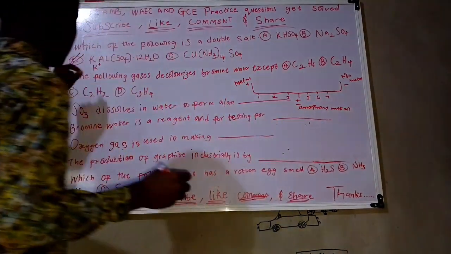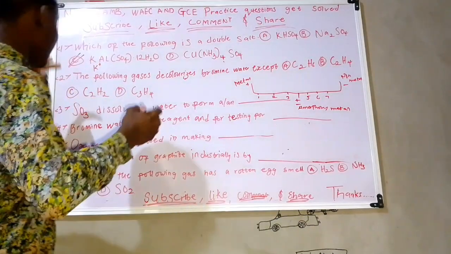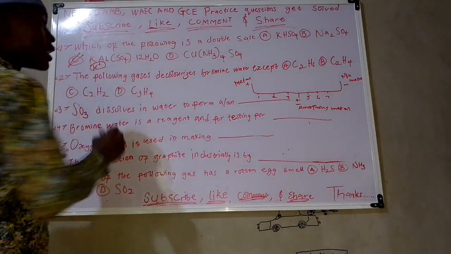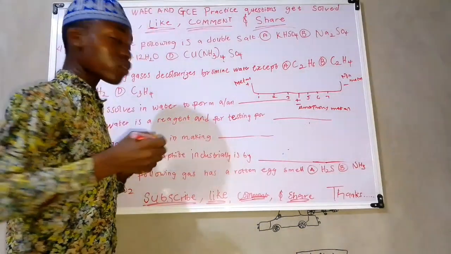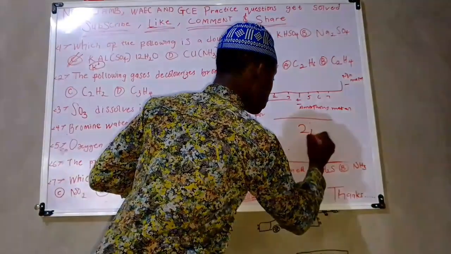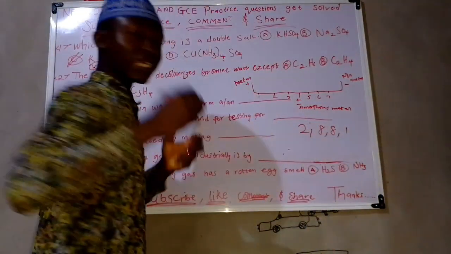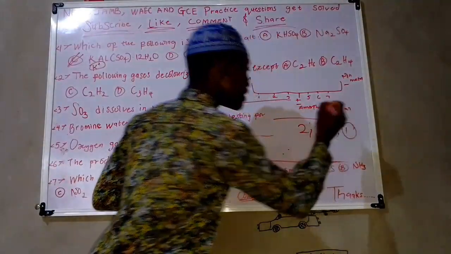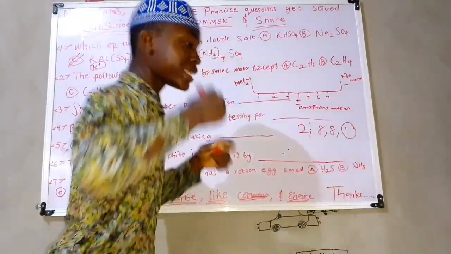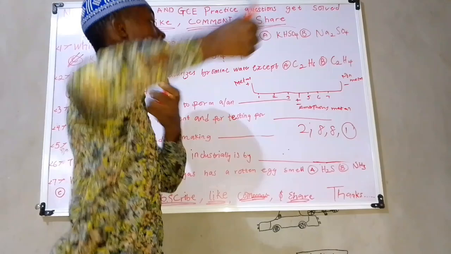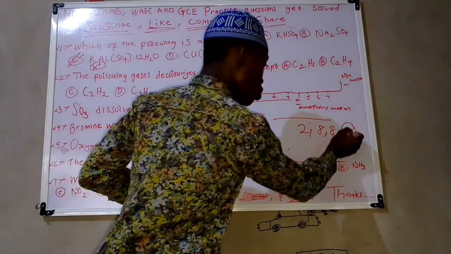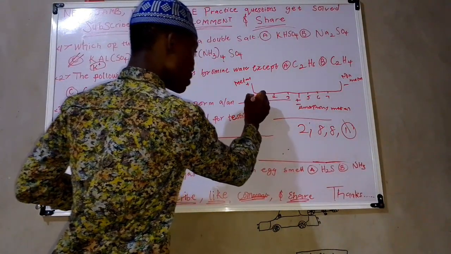Now, let's take potassium as an example. The electron configuration of potassium is simply 2, 8, 8, 1, having one electron in the valence shell, or the outermost shell. So where does one fall? One falls under metal.